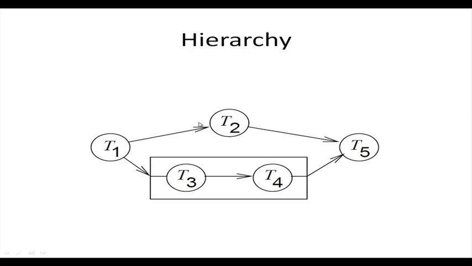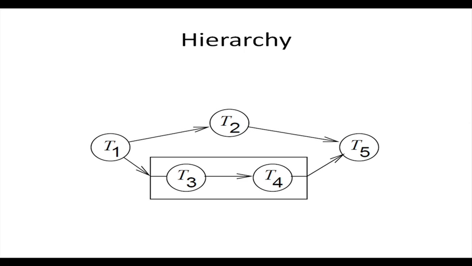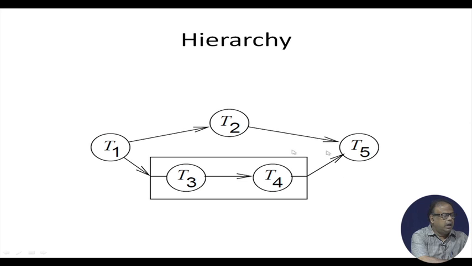We had talked about hierarchy earlier, and here you can see that we can also use hierarchy. Instead of T1, T2, T3, T4, T5, I could have said T1, T2, T3-4, T5.